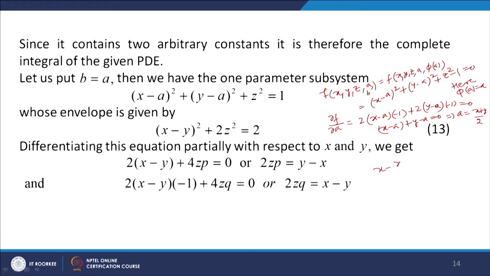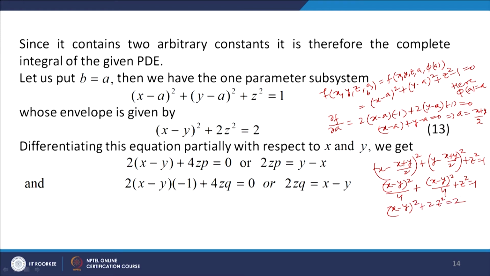So, x minus (x plus y) by 2 whole square plus y minus (x plus y) by 2 whole square plus z square equal to 1. What does it give? (x minus y) whole square by 4 plus (y minus x) whole square by 4 plus z square equal to 1. So, this is (x minus y) whole square by 2 plus z square, and 2z square equal to 2. So, this is the envelope of the one parameter subsystem.